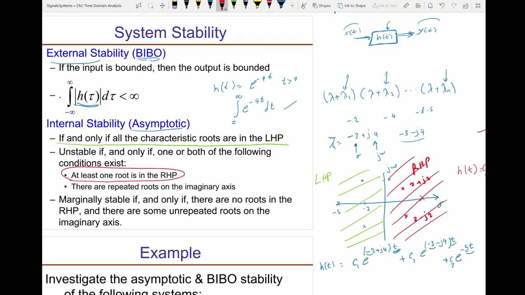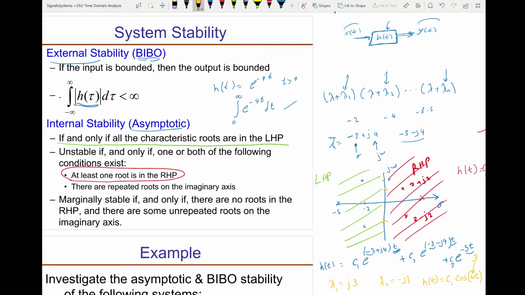Now, what happens if you have a characteristic root on the imaginary axis, something like this here? So you may have lambda 1 equal j3 and lambda 2 equal minus j3. Now, h of t will have this form, c1 cosine omega t, where omega now will be 3.